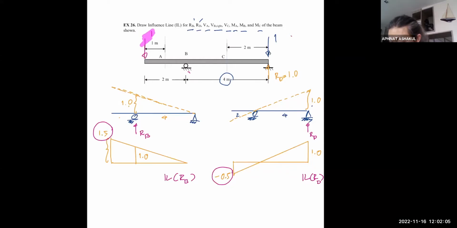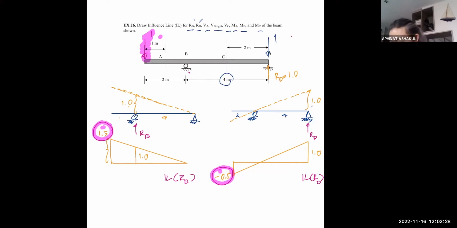When you have the unit load here, your reaction here is 1.5, here is minus 0.5. Let's take a look at sigma Fy itself. This plus that is 1, equal to this in the opposite direction. So our sigma Fy is equal to 0, right?